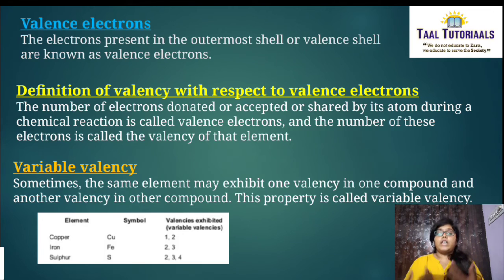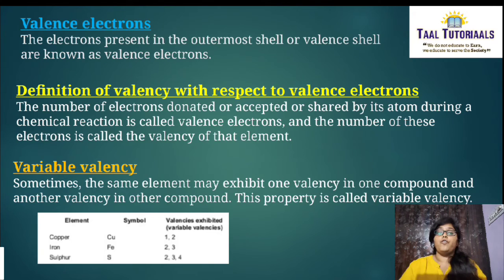The number of electrons donated or accepted or shared during a chemical reaction are called valence electrons, and the number of these electrons is called the valency of that element. See how many electrons it is sharing. It depends on that, and that will tell us how much valency that element has. Each and every element has a different valency.